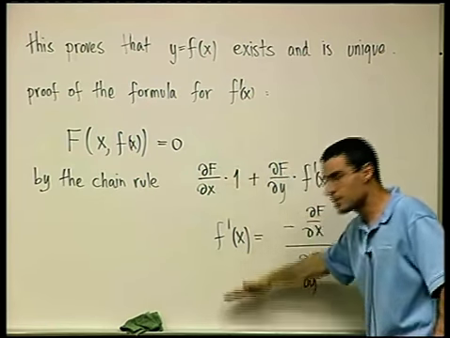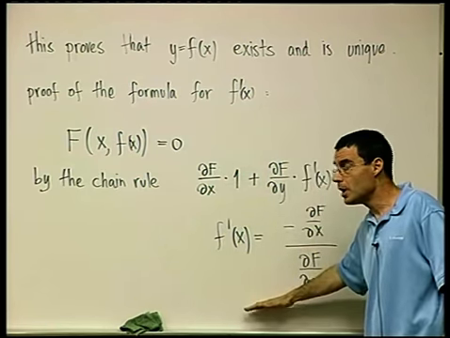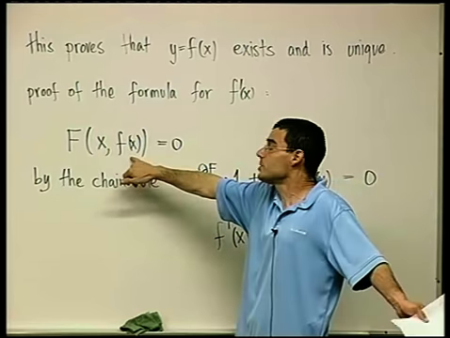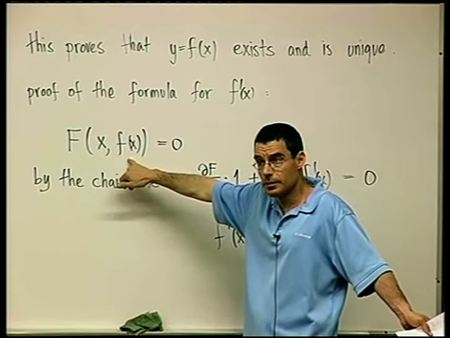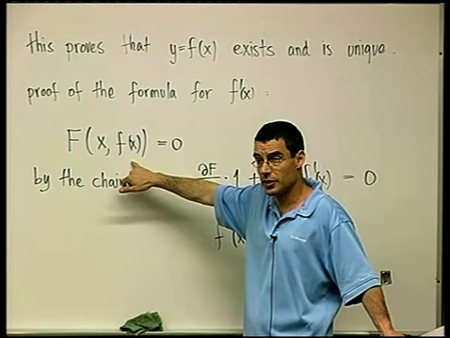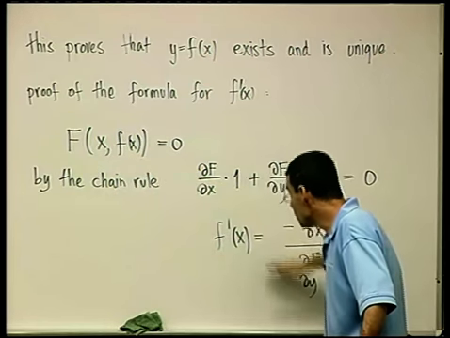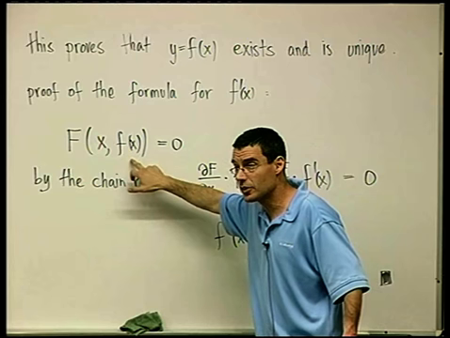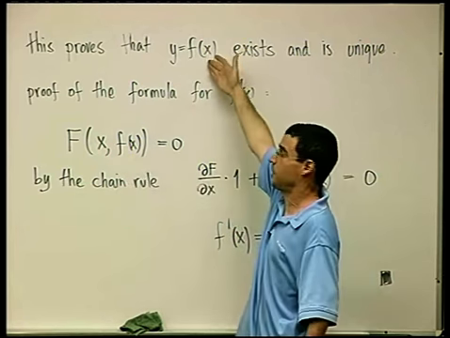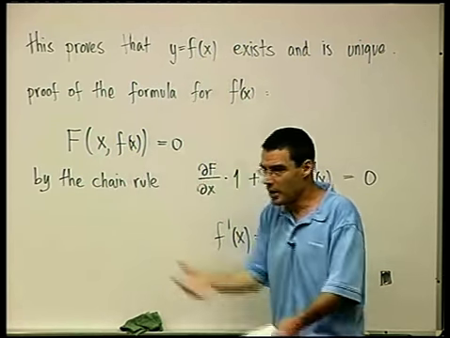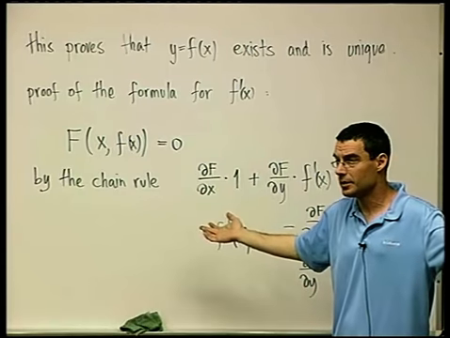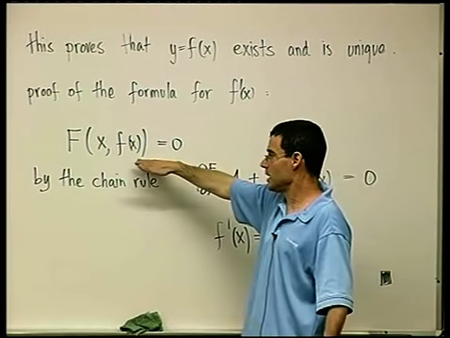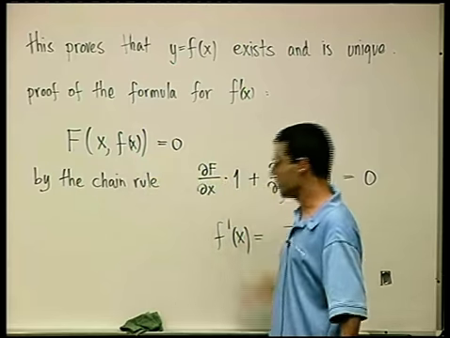Doing this holds whenever there is a function, whenever a little f of x exists. And this is going to be true whether I found f of x using the theorem, or whether I found it by any other means. I can do this once I know it exists, right? I can do the chain rule.